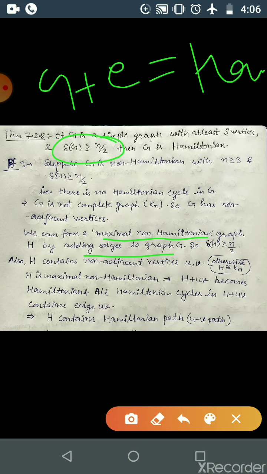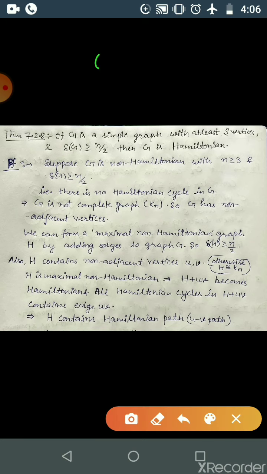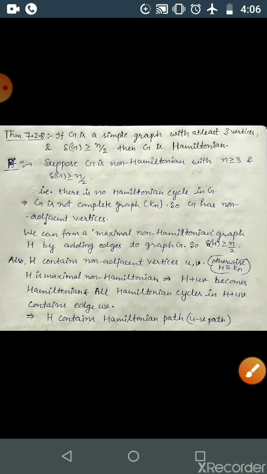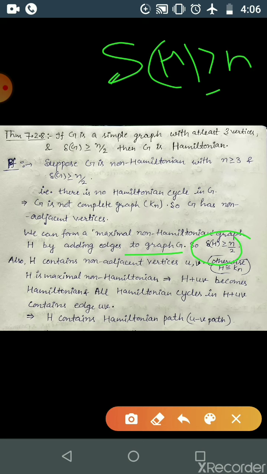That will be known as maximal non-Hamiltonian. So obviously some edge is not there, so U and V are non-adjacent in H. Obviously the minimum degree does not reduce by adding some edge, so the minimum degree of H is also greater than or equal to n by 2, and its order will also be at least 3.